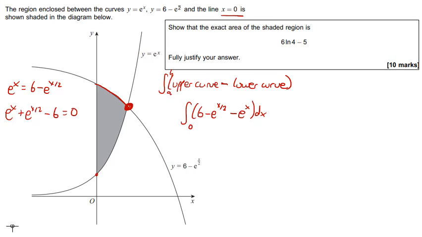And this is actually a quadratic. So if you choose y is equal to e to the x over 2, then y squared is e to the x over 2 squared. In power to a power, we multiply the powers, so that's just e to the x. So we can rewrite that as just y squared plus y minus 6 is 0, which factorizes quite nicely.